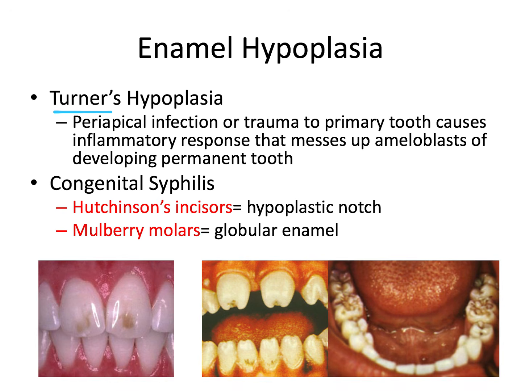So it involves only the permanent teeth that were developing underneath the primary tooth that was exposed to either infection or trauma. And it's usually on the facial of maxillary incisors, like we see here, or on the facial surface kind of near the cusp tip of premolars.